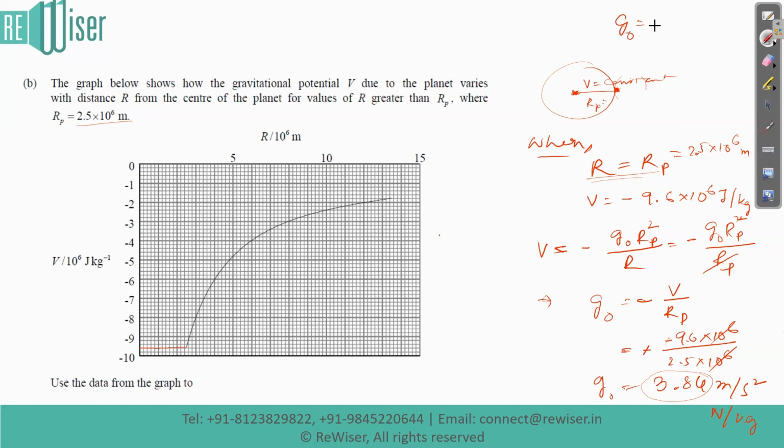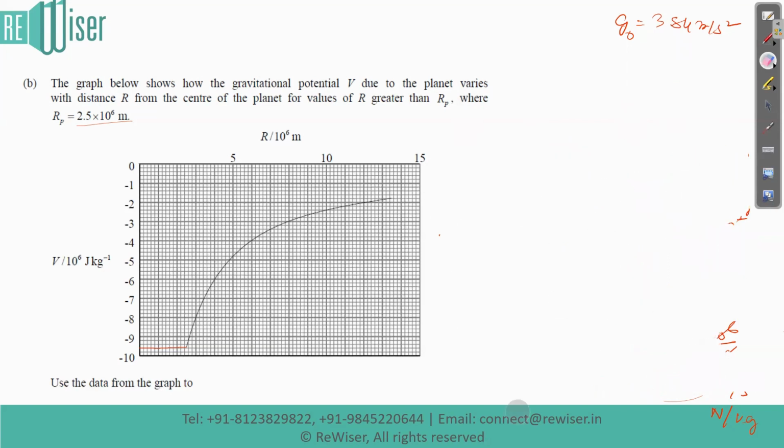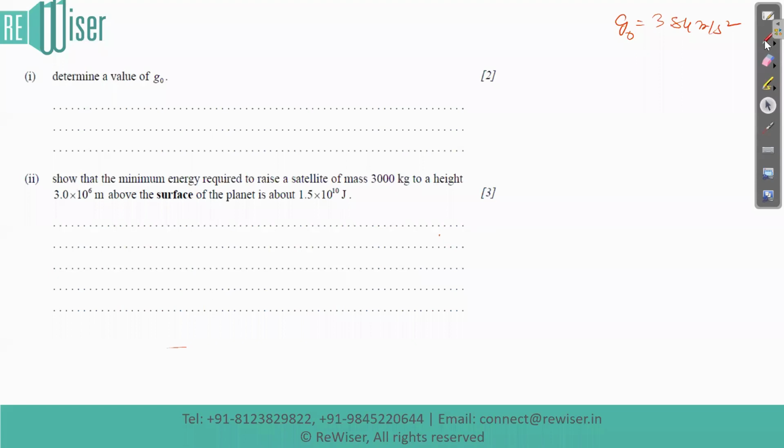G0 is 3.84 meters per second square. So G0 we have found out to be 3.84 meters per second square. Okay, so this is the answer for this question.